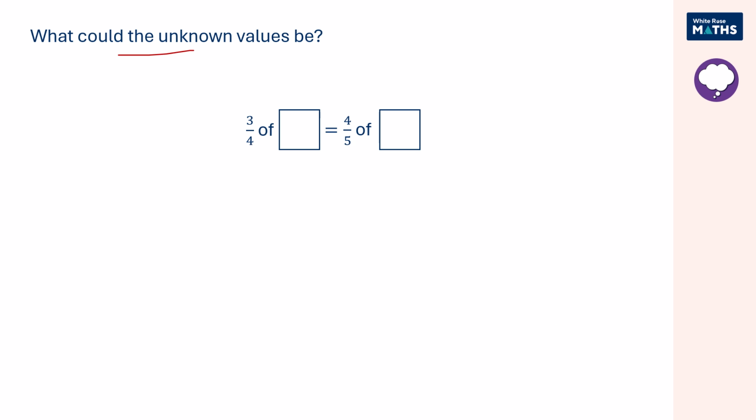Next part. What could the unknown values be? Let's call this x. Let's call this y. So 3/4 of x here is going to be 3x over 4. In fact, let's call this x as well, to make it a bit more interesting. That will also be equal to 4x over 5.